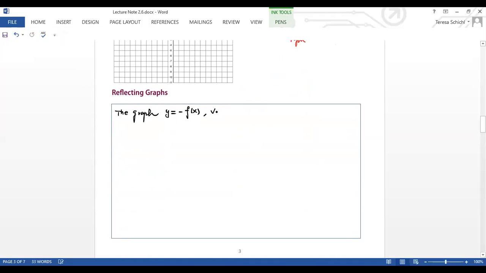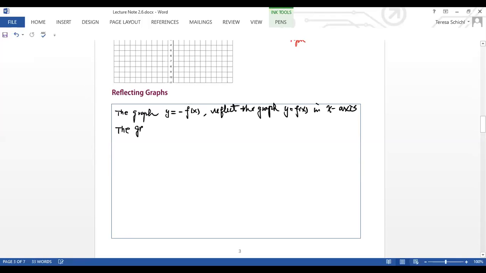So this one is reflecting the graph y equals f of x in the x-axis, right? Because the value of y goes from positive to negative or negative to positive. So the same way here.